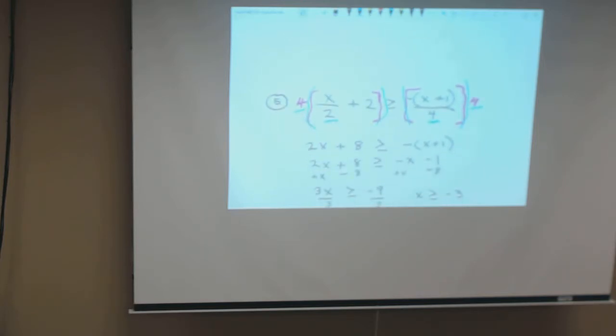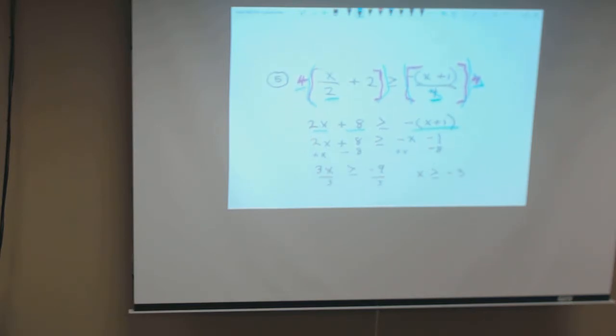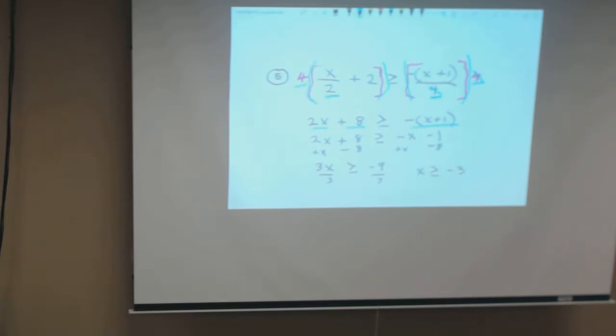So now I have 4 times x over 2 is 2x. 4 times 2 is plus 8, greater than or equal to 4 times all of this over 4, the 4's cancel, so it's just negative parentheses x plus 1, which comes out to be negative x minus 1.